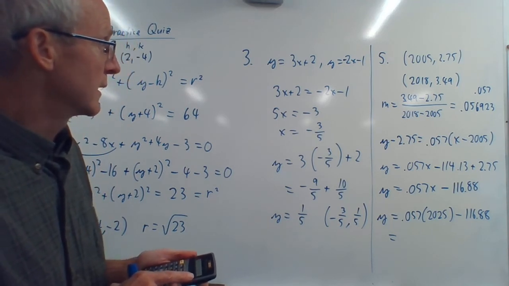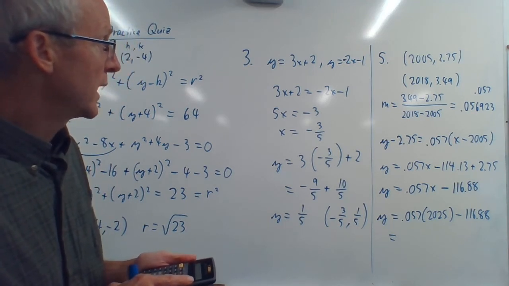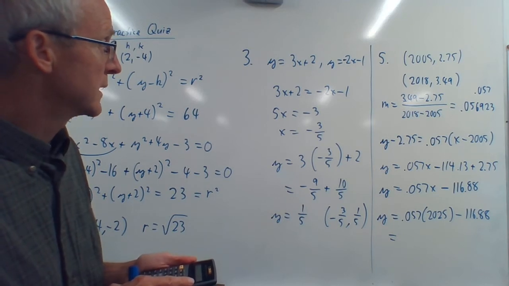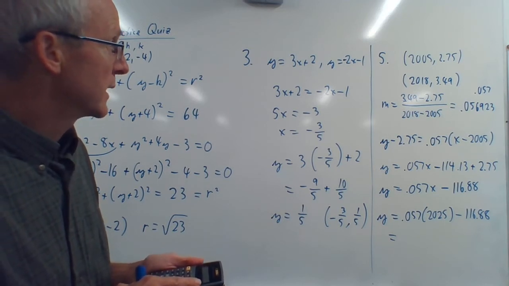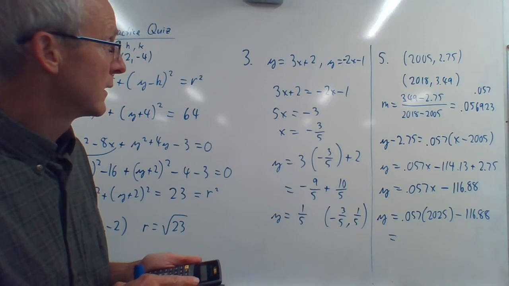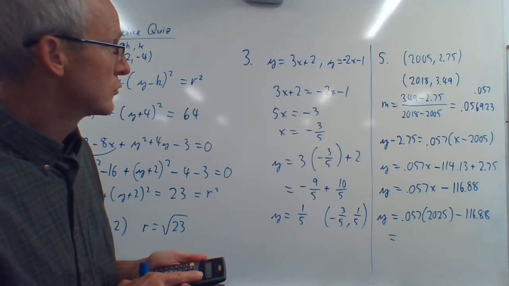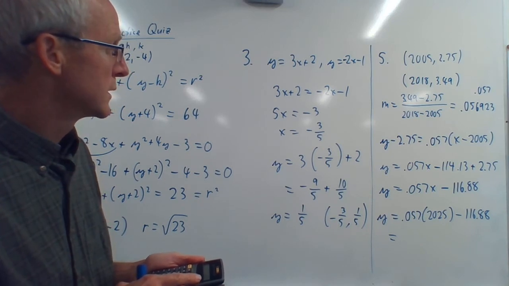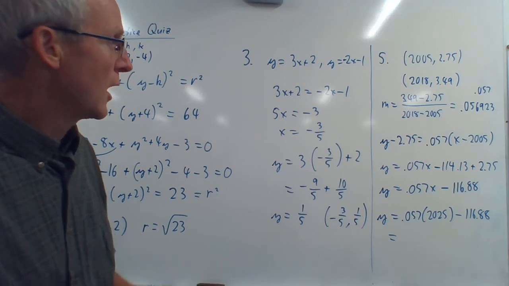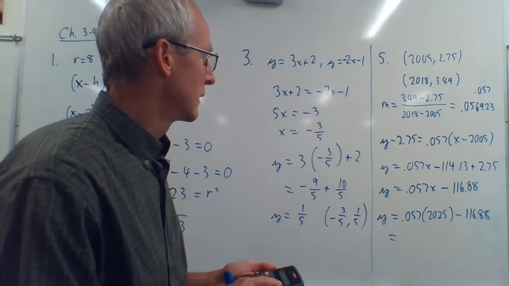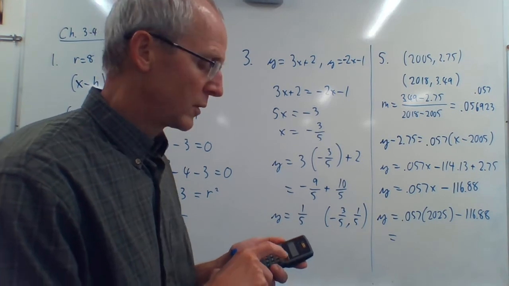I did something wrong. What did I do wrong? Y minus y1 equals m times x minus x1. Oh, wait. No?